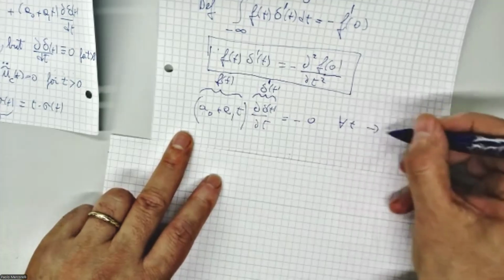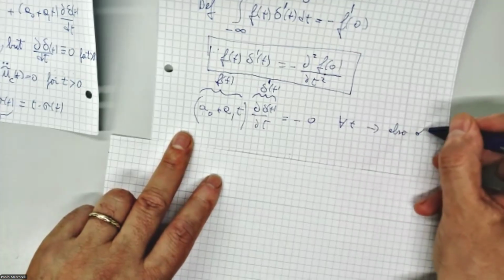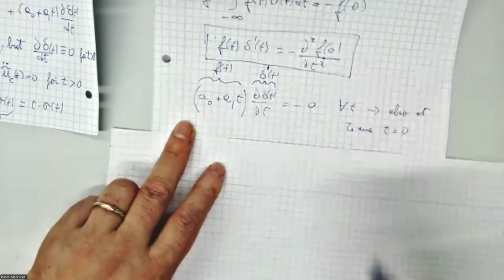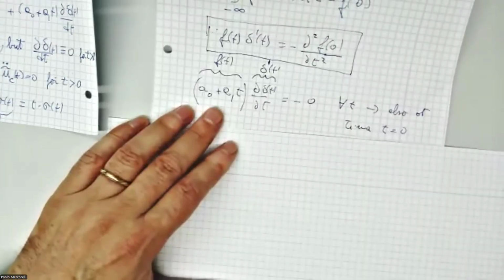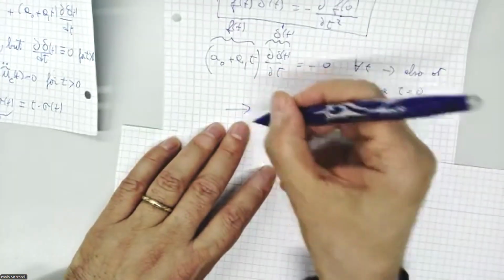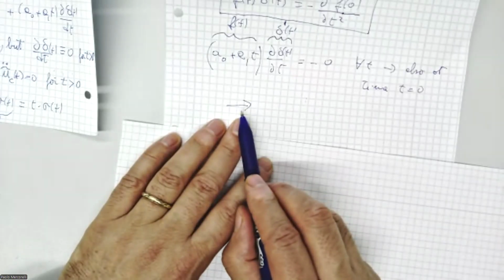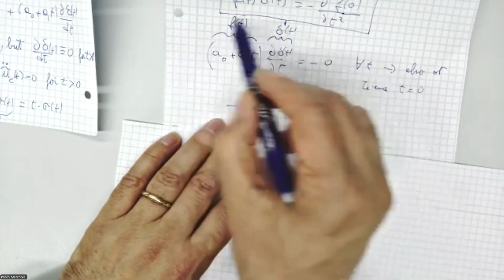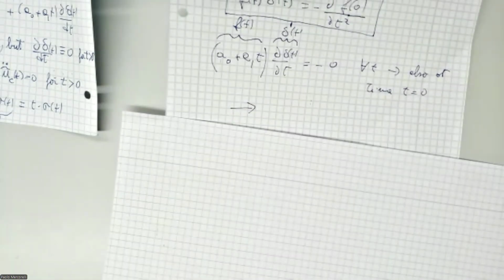This means also at time t equals 0. This expression here says exactly what happens at 0. What happens at 0 in our case?